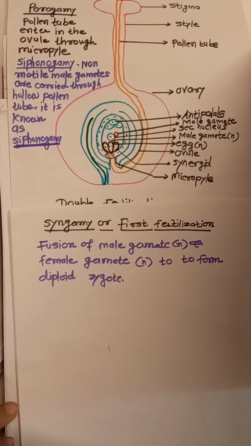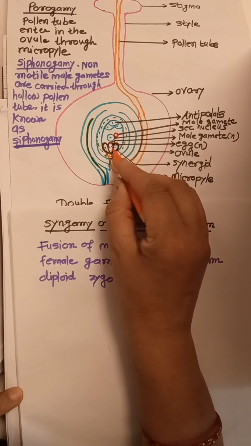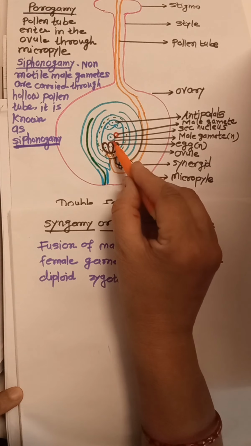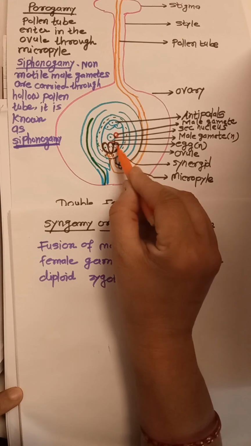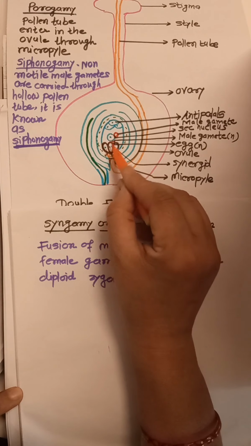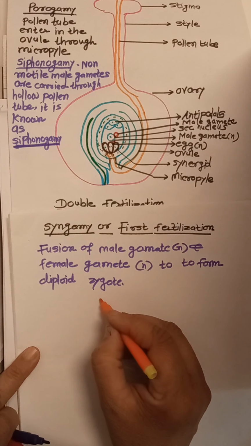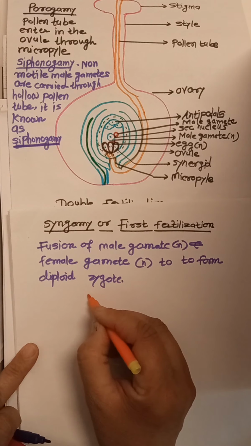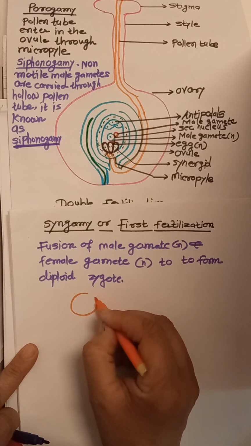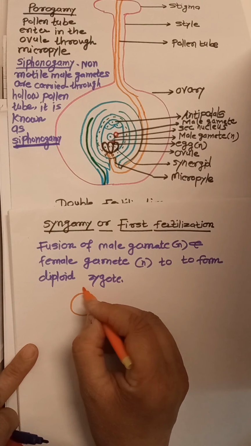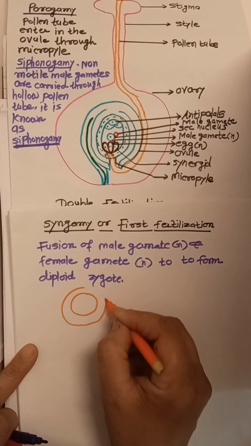If this is the egg or female gamete, and this is the male gamete, the fusion of egg and male gamete takes place here, and this is called syngamy or first fertilization. This is the male gamete.